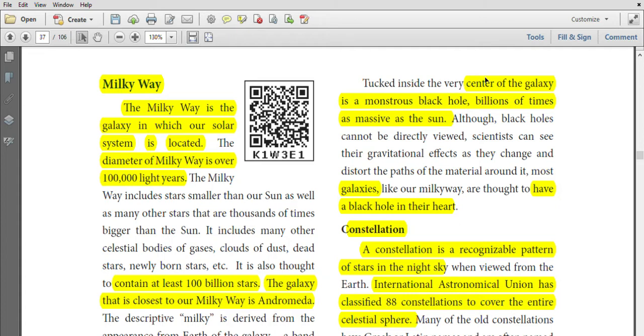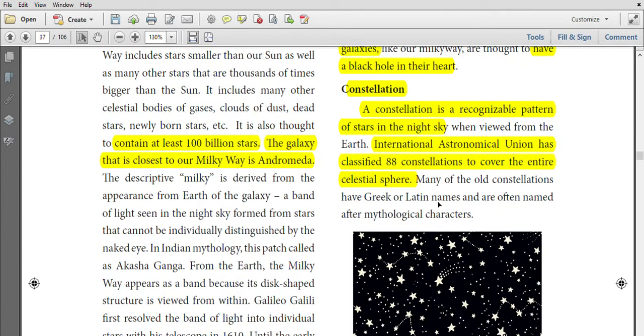The center of the galaxy has a black hole, billions of times as massive as the Sun. Galaxies have a black hole in their heart, at the center.